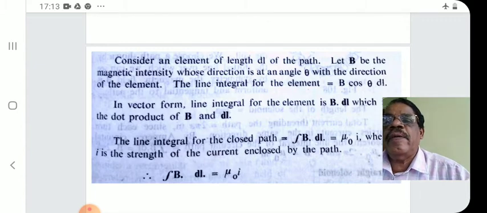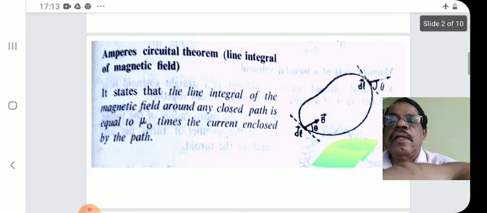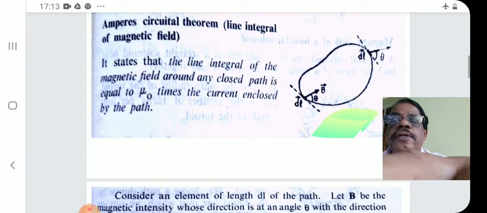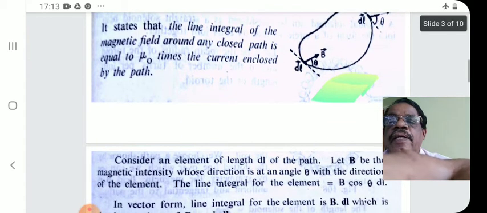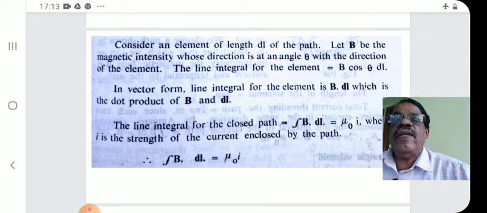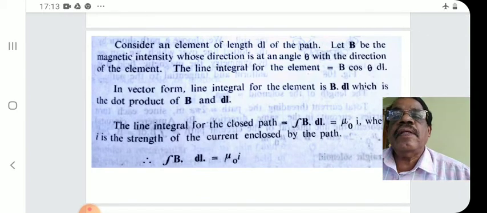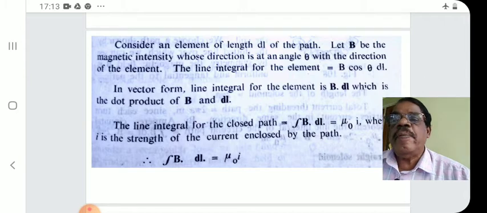Consider an element dl. You see the figure. This is dl at one end, and the angle is given between the tangent and the field direction. Consider an element dl of the path. Let B be the magnetic intensity whose direction is at an angle theta with the direction of the element.